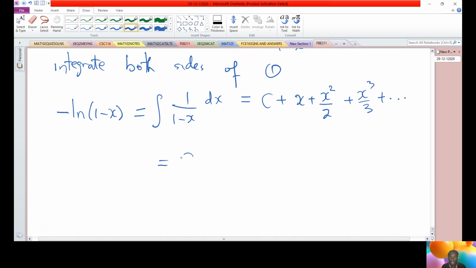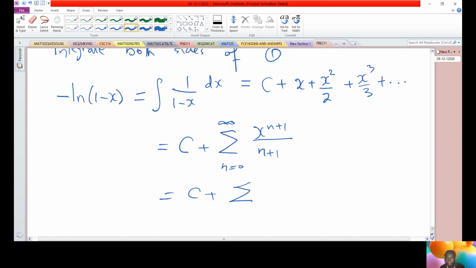Which is the same as c plus the summation n from 1 to infinity of x power n over n, for x less than 1.